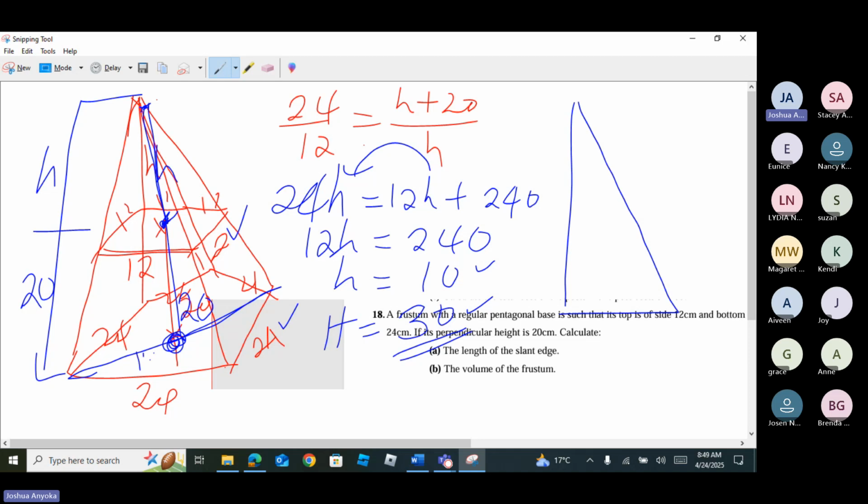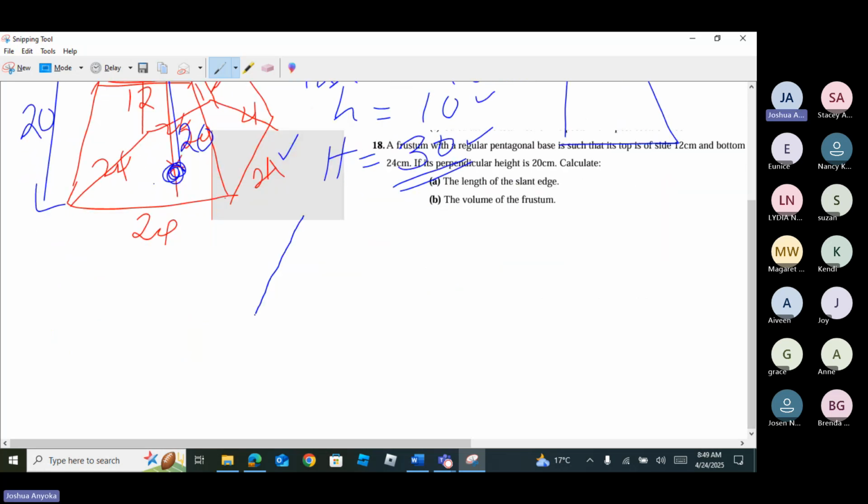Things are tricky. Let me not engage with the diagonal, because this is a pentagon. Let me try to draw something that has 5 equal sides.